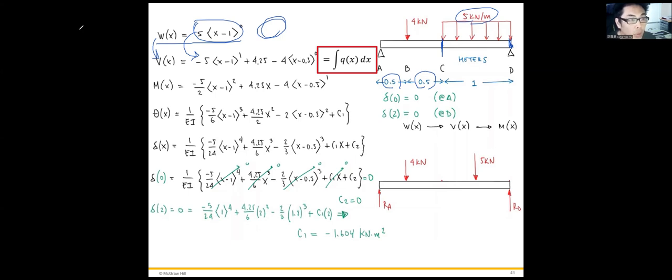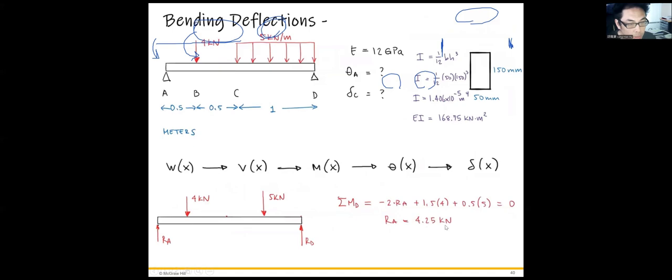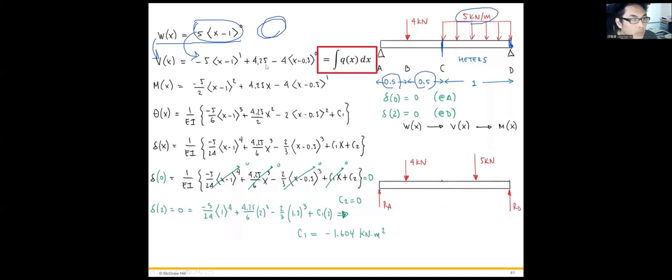Previously we already calculated 4.25 right here, RA.